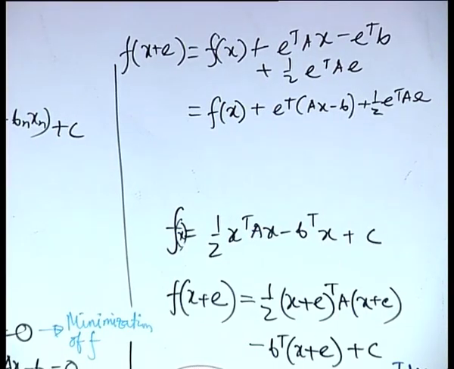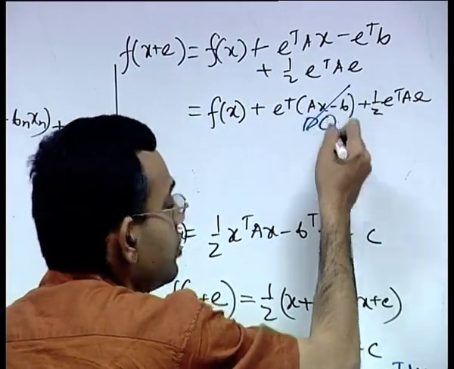Because Ax equal to b, this term equals 0.